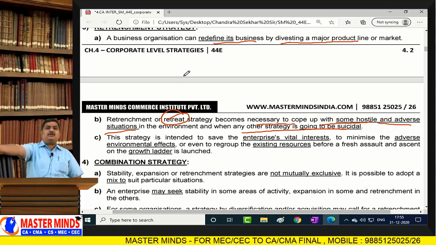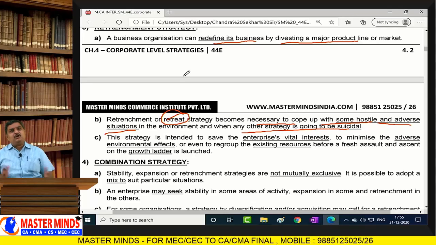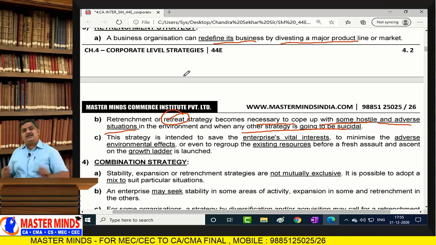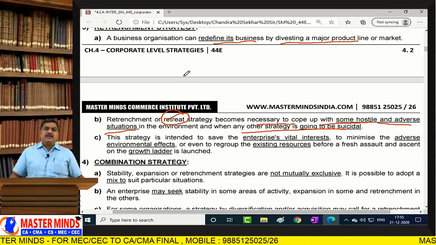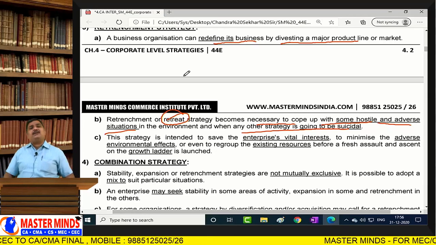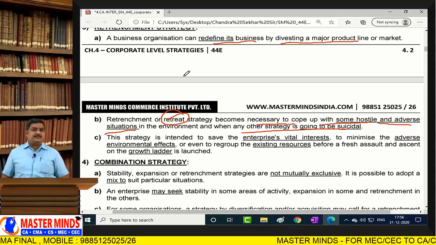Unilever thought that it is not good for them to continue with the Atta business. Then they dropped. And almost at the same time, ITC entered. Nothing wrong in that, because each and every organization will have its own internal environment. Each and every organization will have its own strengths and weaknesses, and basing on that, they make decisions.